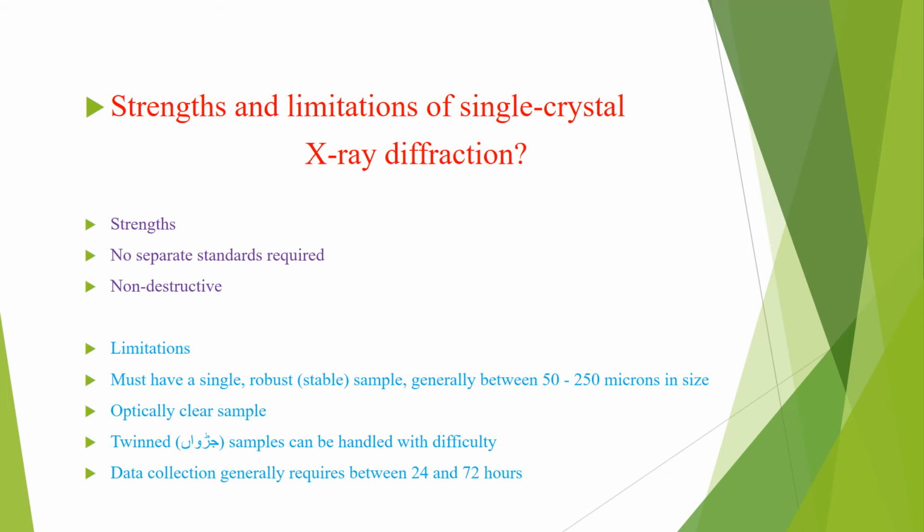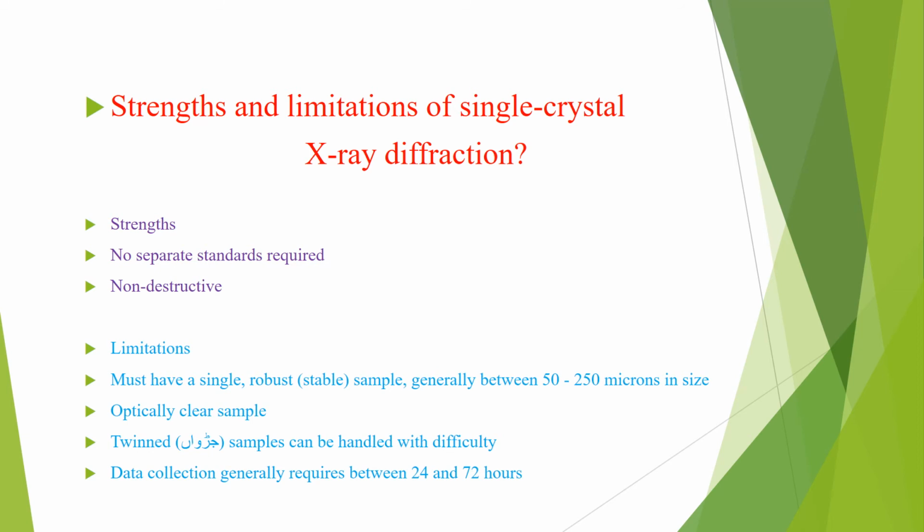Optically clear sample is required, and twinned samples can be handled with difficulty. So if the samples are twinned, then these could be handled, but it will be very difficult to handle them. And the data collection generally requires between 24 and 72 hours.